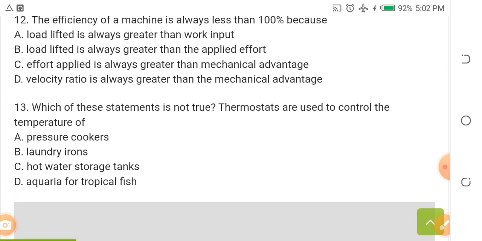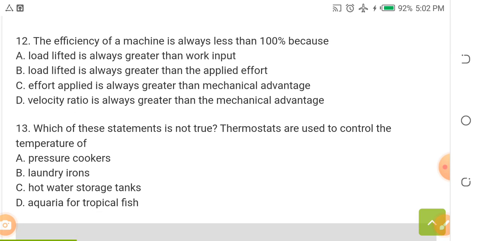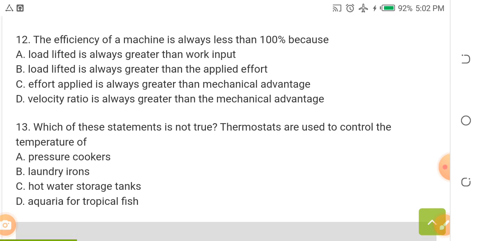Question number 12. The efficiency of a machine is always less than 100% because you cannot say that a machine is 100% efficient, right? A, load lifted is always greater than work input. B, load lifted is always greater than the applied effort.